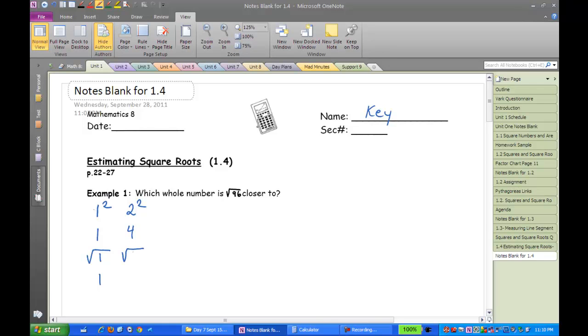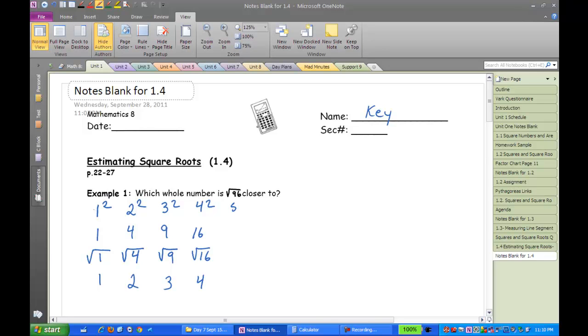Therefore, the square root of 4 is 2. Right? 3 squared is 9. Therefore, the square root of 9 is 3. See the pattern here? 4 squared is 16. Therefore, the square root of 16 is 4.